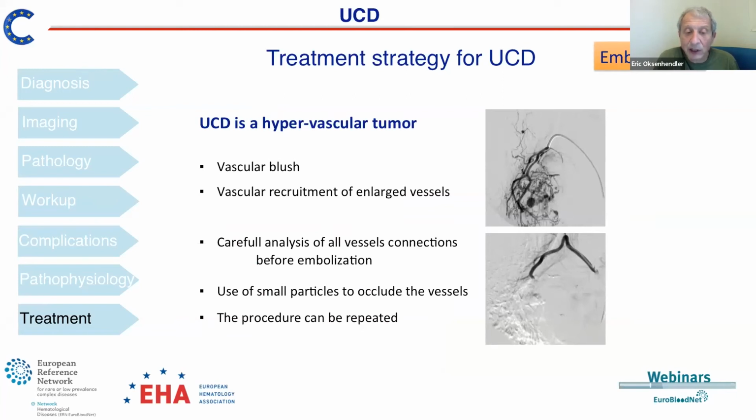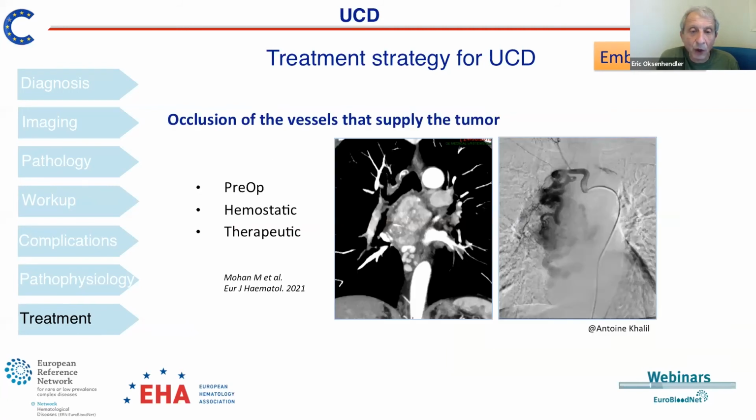And interestingly, this procedure can be repeated. So this procedure can be used pre-op for the surgeon to have a less hypervascular lesion. Could be hemostatic sometimes, even peri-op, or as a single treatment for the lesion.